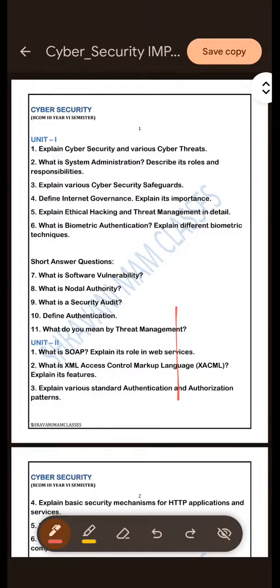Next, what is the fourth question? Define internet governance and explain its importance. So you have to explain internet governance here. What is internet governance? It refers to the rules, policies and responsibilities of organizations, and how the internet is managed globally.